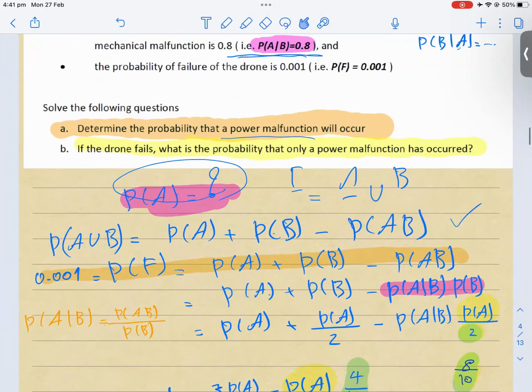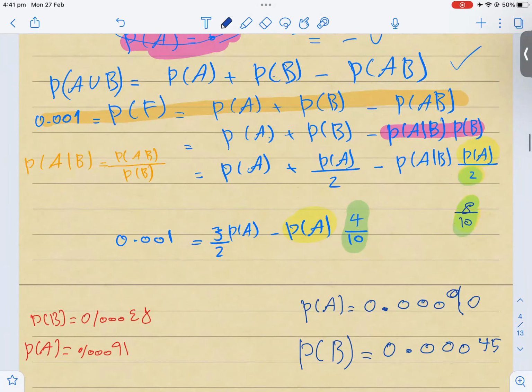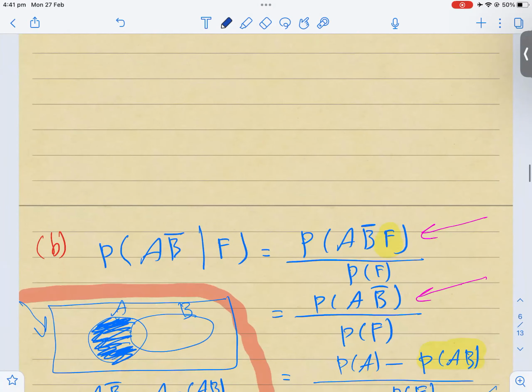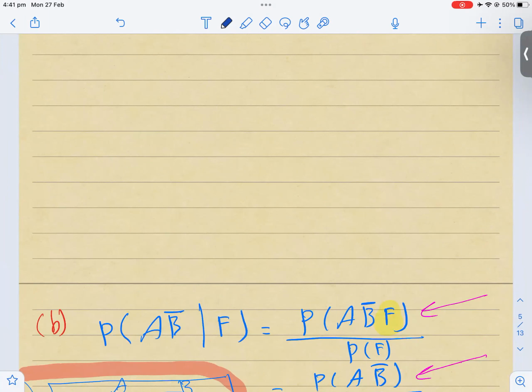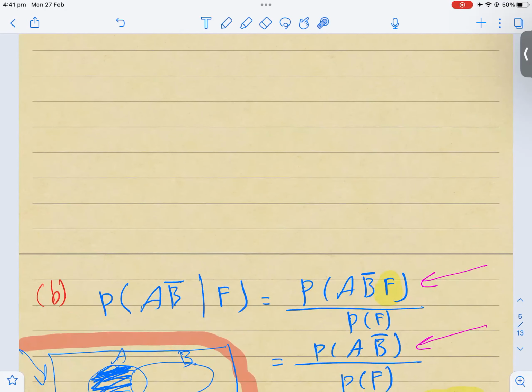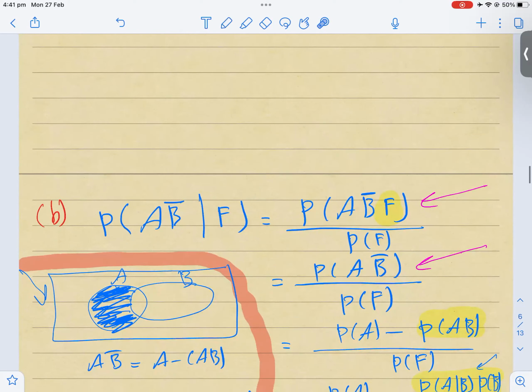So we are going to solve that. If the drone failed already, it will be in the condition. This part is the probability of F. F happened, the drone failed. So we want to find the probability that only power malfunction happened.